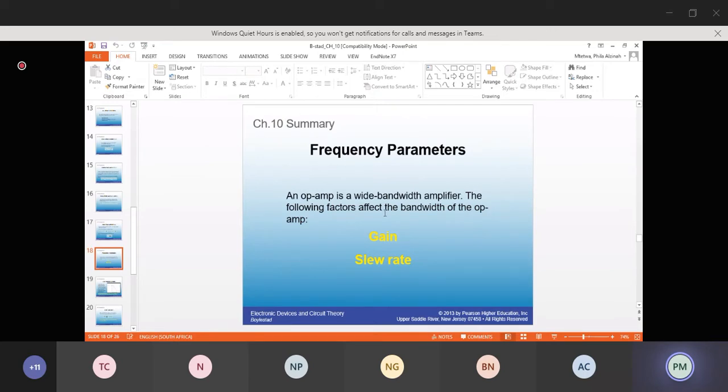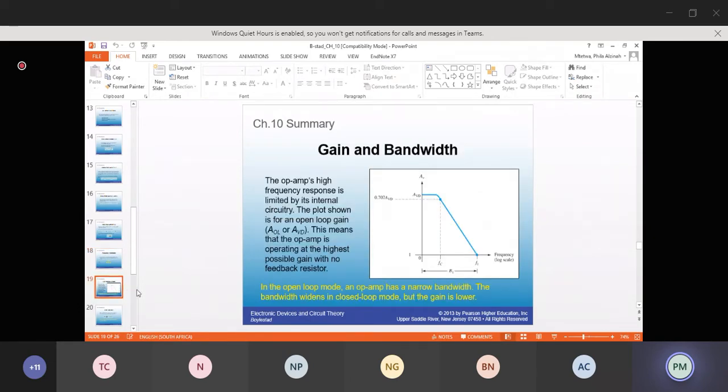The factors that affect the bandwidth of an operational amplifier are your gain and your slew rate, which we'll soon see what we mean by. So this is your bandwidth, this is the carrier frequency, and this spectrum here is your bandwidth.